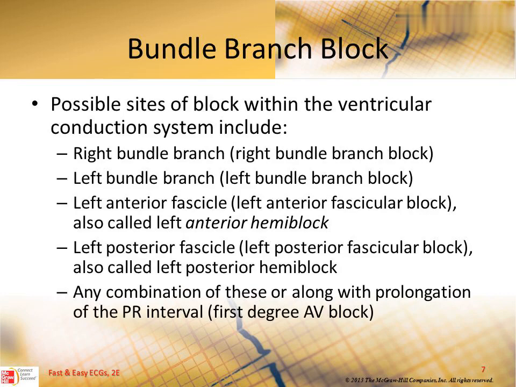Possible sites of block within the ventricular conduction system include right bundle branch block; left bundle branch block; left anterior fascicle, left anterior fascicular block, also called left anterior hemiblock; left posterior fascicle, left posterior fascicular block, also called left posterior hemiblock; any combination of these, or along with prolongation of the PR interval, first degree AV block.